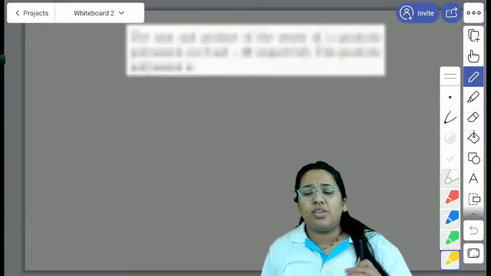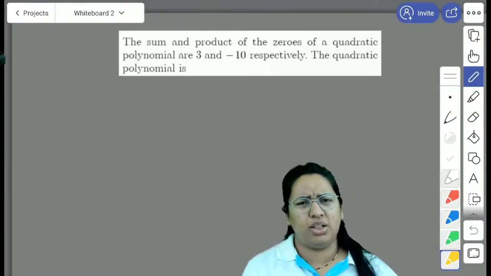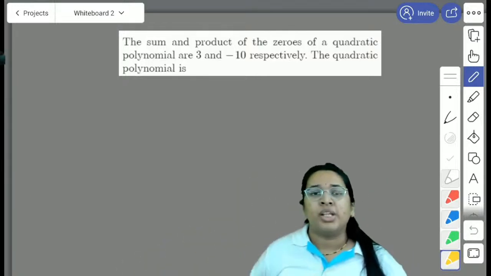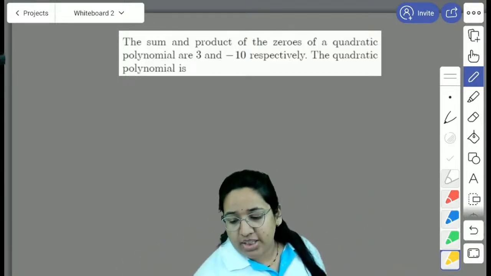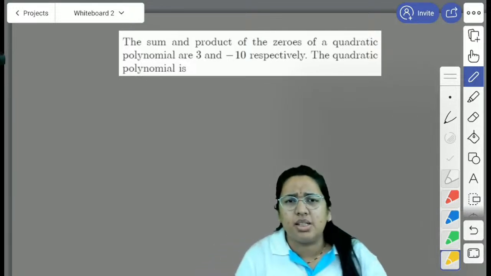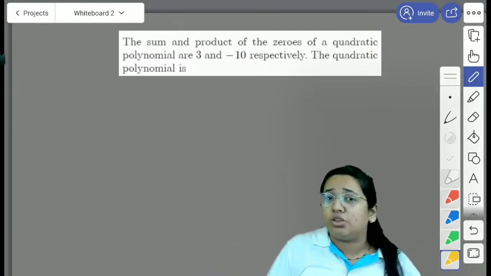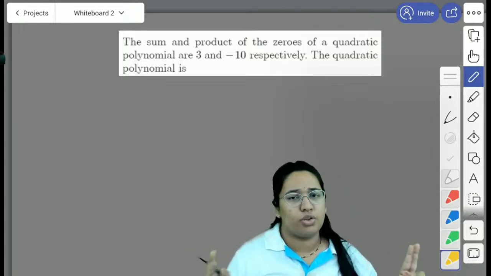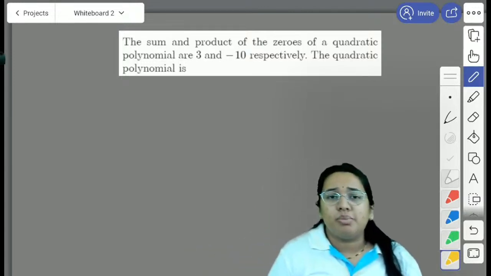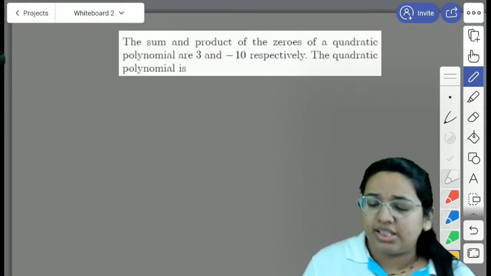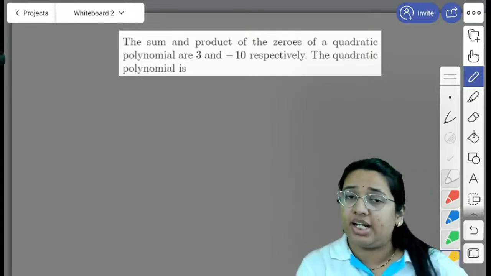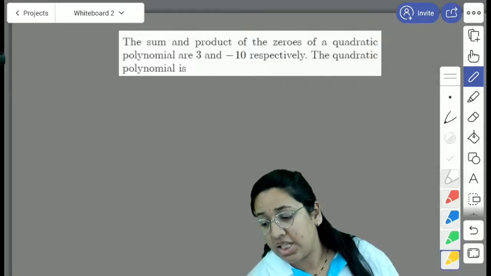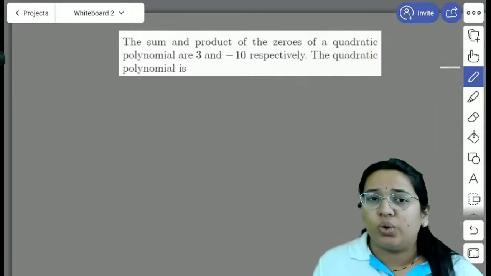See, usually they will ask you 3 or 4 mark questions based on such concepts. For this question, the sum and product of the zeros of a quadratic polynomial are given. Zeros is nothing but another word for the roots. The sum and product of the zeros of the quadratic equation are 3 and minus 10. As I told you, for both kinds of questions, presentation is equally important.